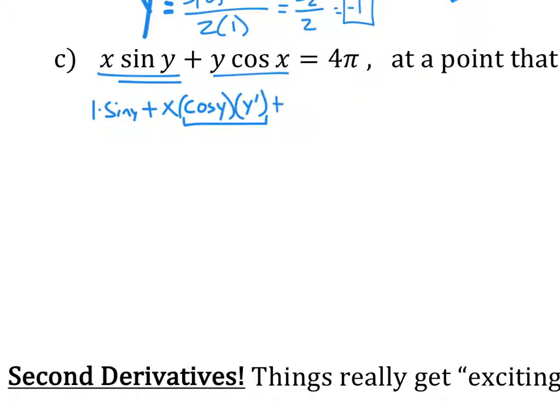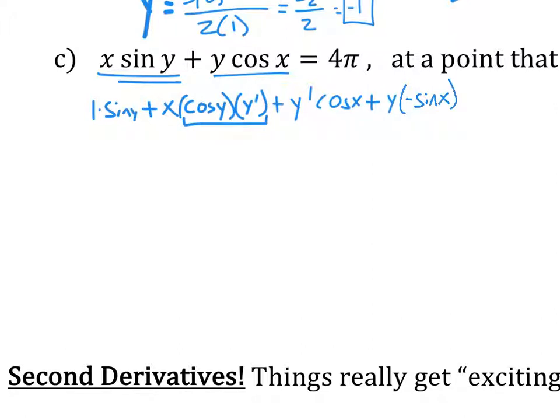So derivative of the first, well, the derivative of y here is y prime, all right? So we got y prime times the second, cosine x, plus the first, which is y, times the derivative of the second. Well, that's just plain old derivative of cosine of x. That's not hard. Negative sine of x.